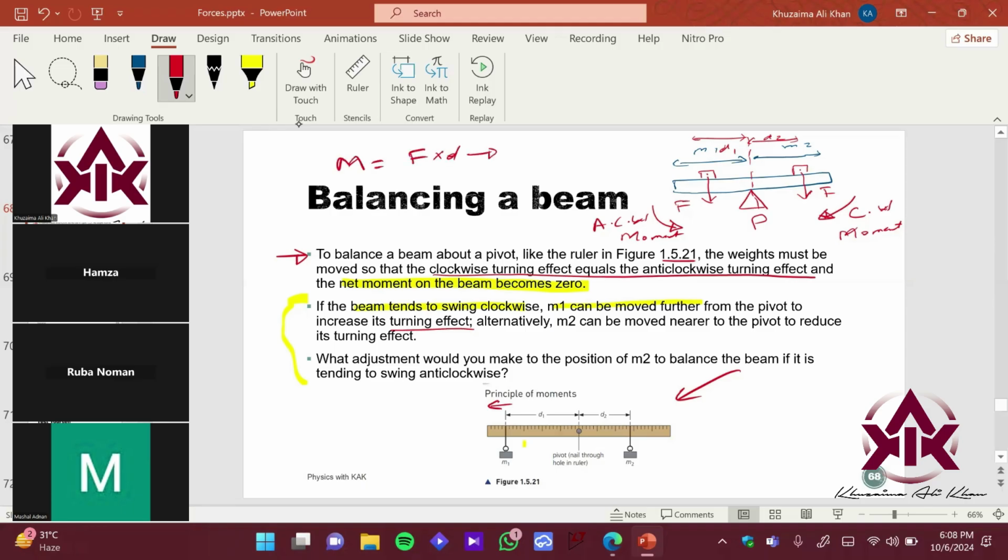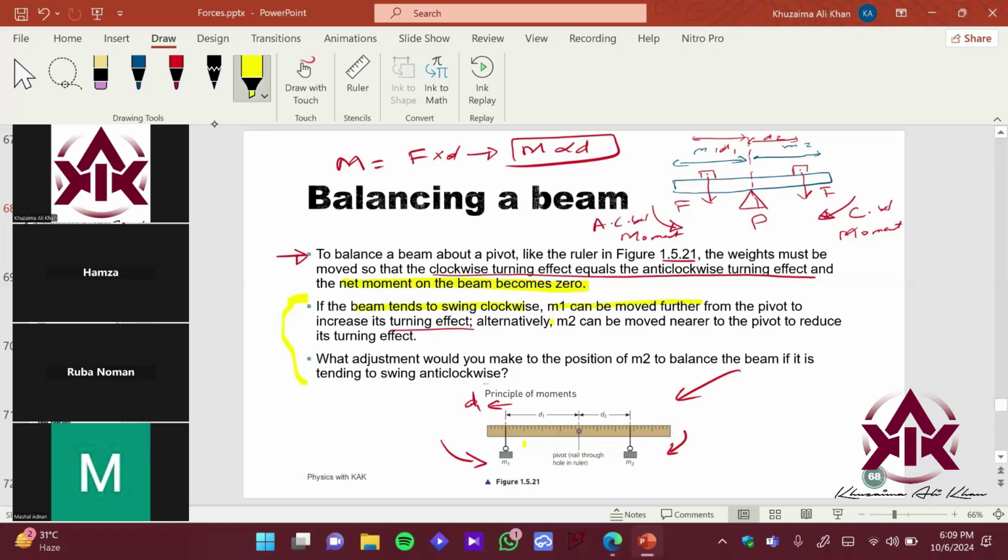From the formula, moment is directly proportional to distance. So if you increase the distance of M1, it will increase the anti-clockwise moment. It was swinging clockwise, which means the clockwise moment is greater than the anti-clockwise moment, so you increase the anti-clockwise moment by increasing the distance D1. That is a trial and error method.